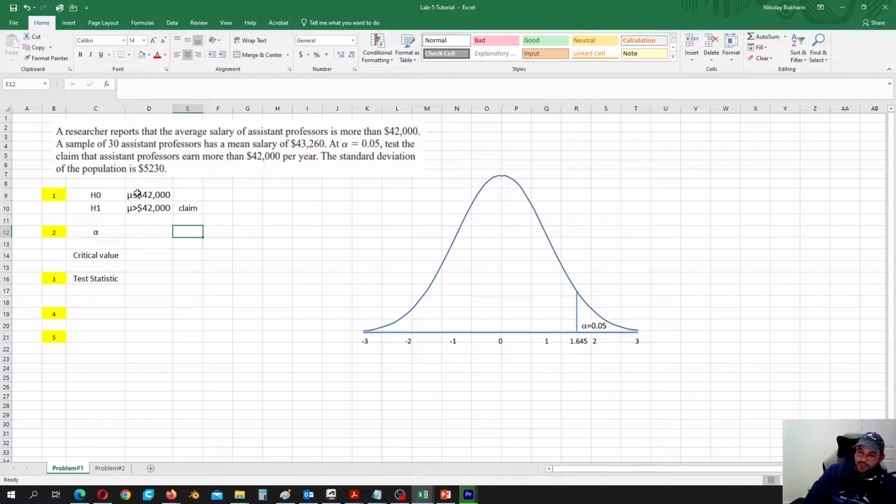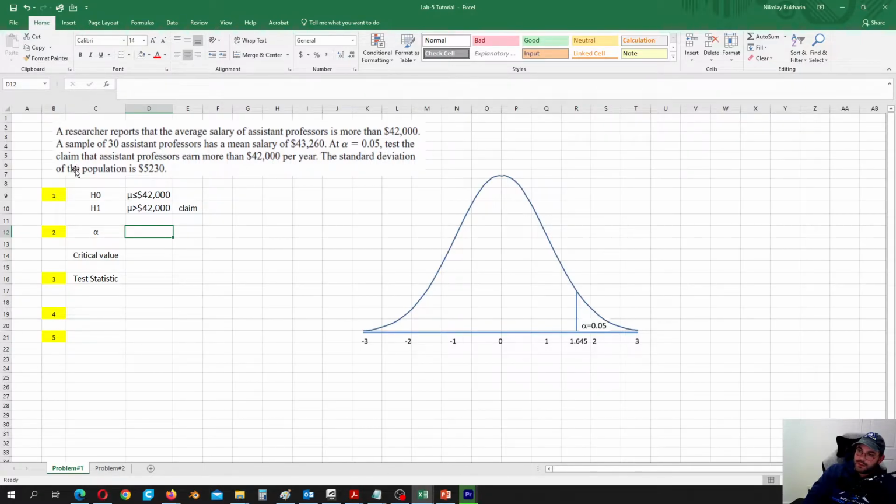Then our H0 is going to be mathematically opposite to H1: less than or equal to 42,000. We can also state that it is equal to 42,000, as shown in the book for the procedure of hypothesis testing. While reading the problem, we need to understand what distribution we are going to use and what tail test it is.